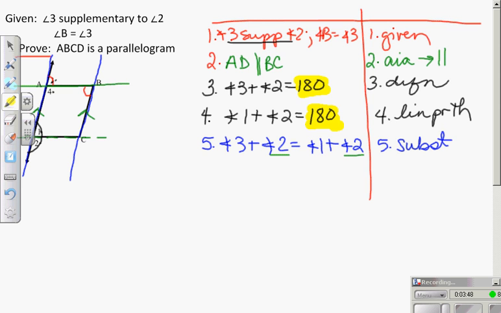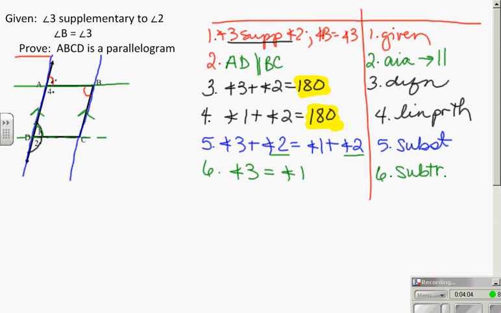This is also something that we liked to see because if I'm adding the same thing to both sides, I can subtract it, and now I have that angle 1 and angle 3 are equal, and 1 and 3 are corresponding angles.